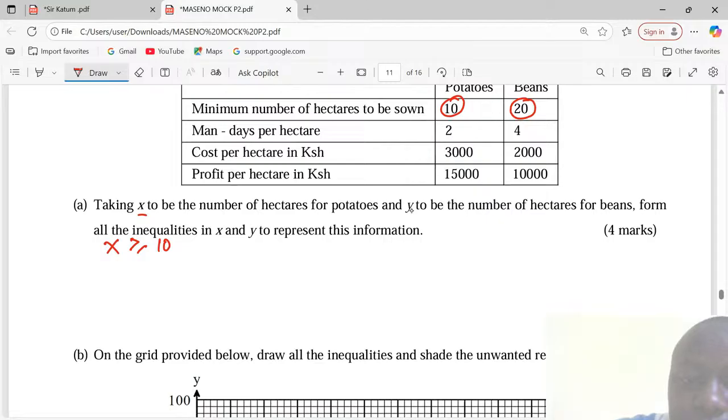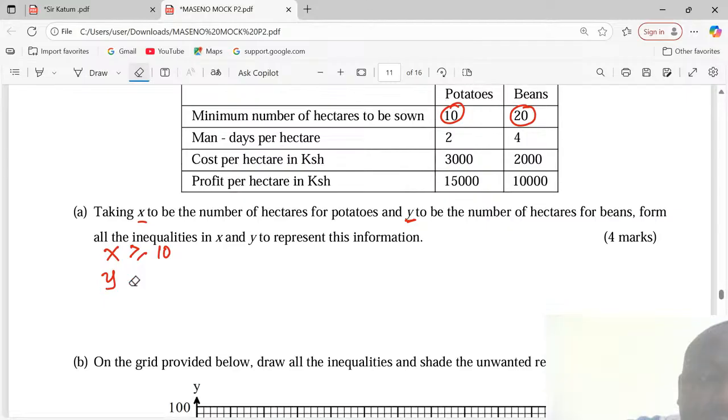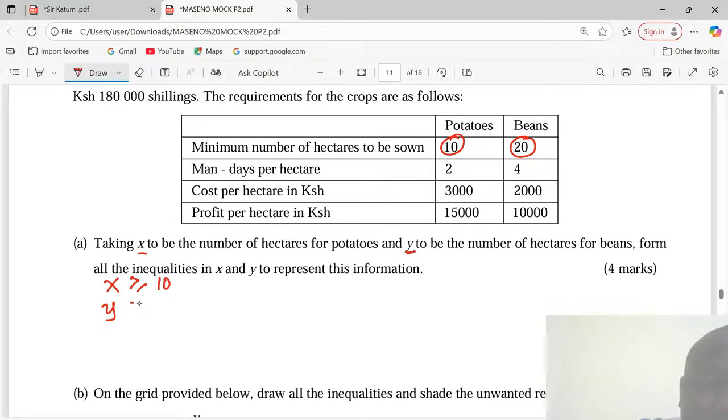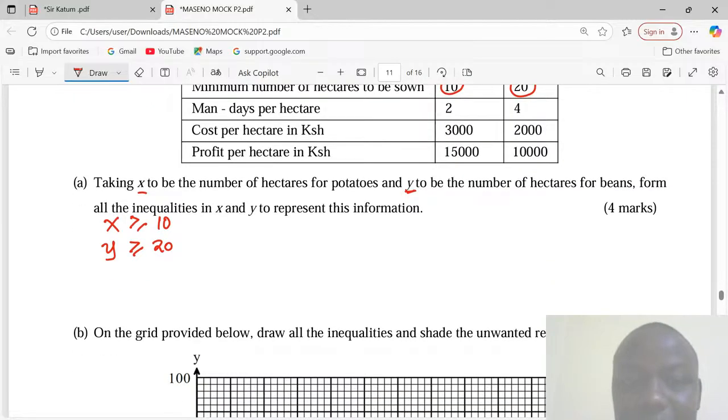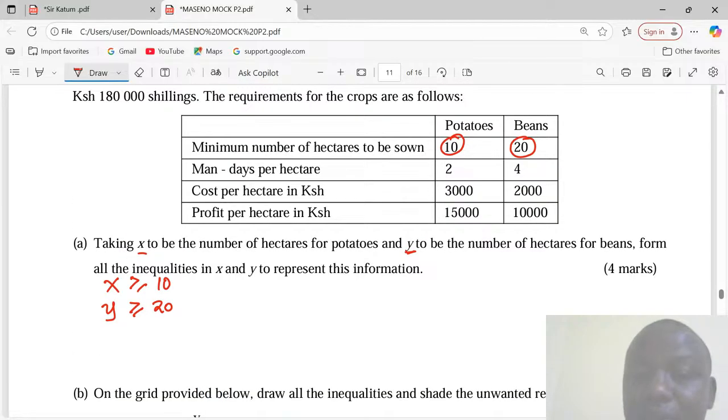Then the number of acres Y for beans should be 20 or beyond that. The least potatoes can be occupying is 10, so it can be beyond that. The least that will be occupied by beans shall be 20, so it can be 20 or beyond.